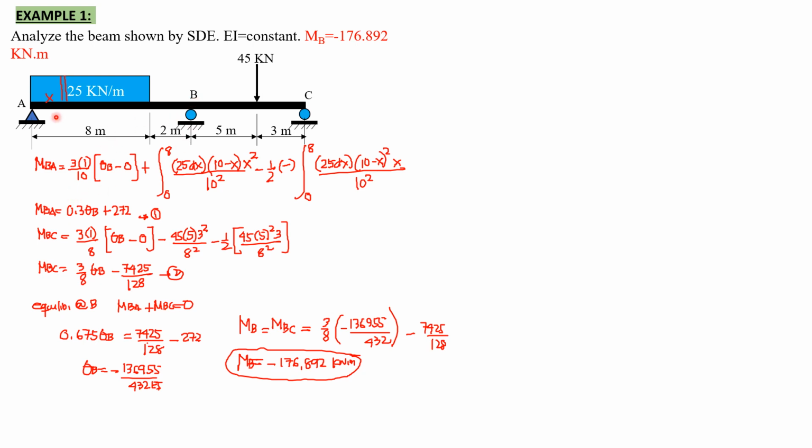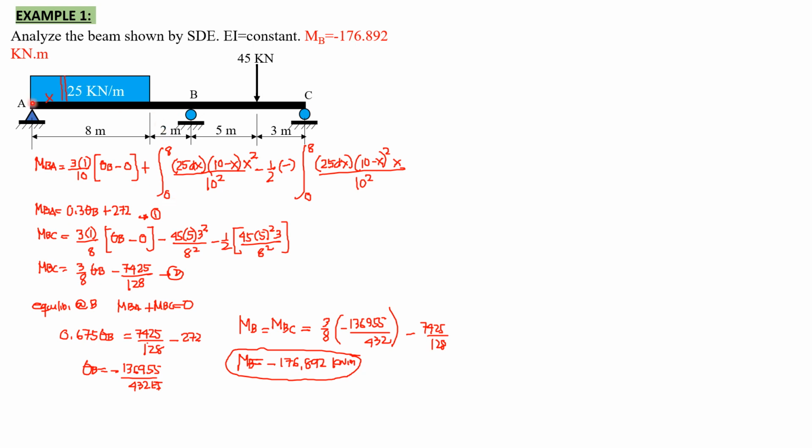So M_BA is 3, assuming EI is 1 because it is constant, over L, which is 10 for AB. Then the quantity theta near is theta B, minus delta over L, which is 0 as already explained. Plus the fixed moment at B, the near end. Considering AB, the fixed moment at B due to the load is positive.